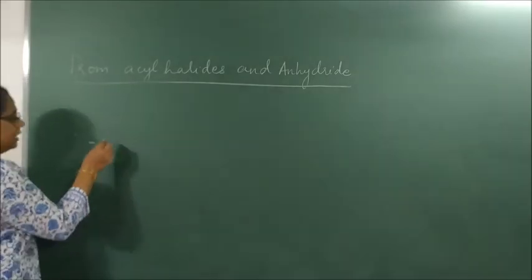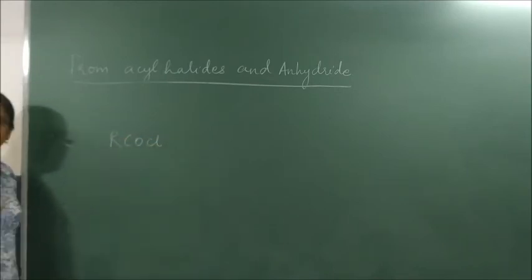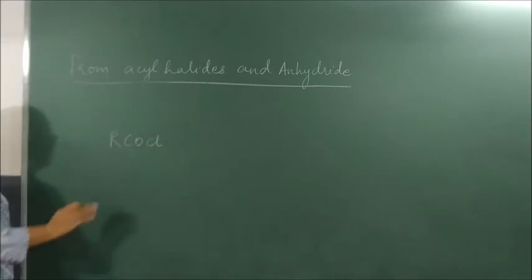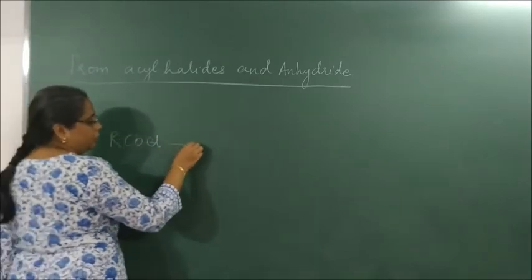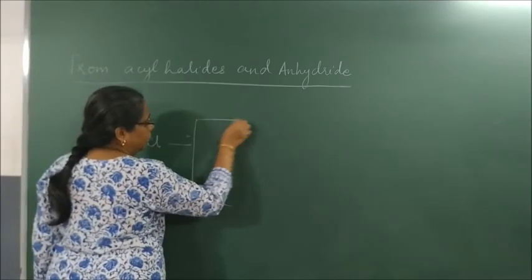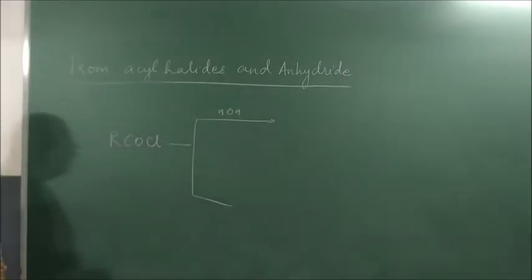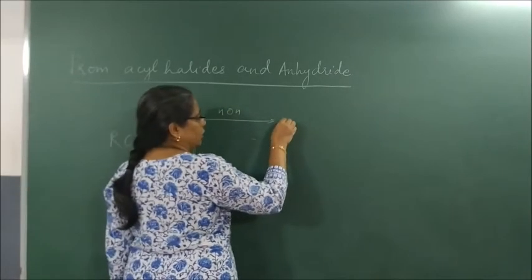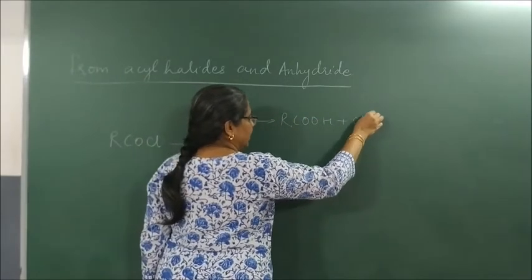So let us understand here. First thing, I take RCOCl for example. So first thing, on hydrolysis, when I add HOH to it, I get what? RCOOH plus Cl minus.